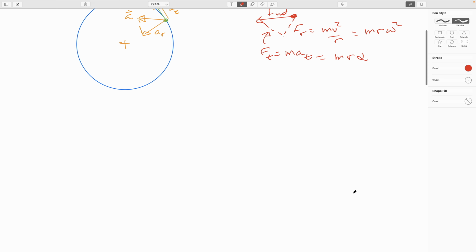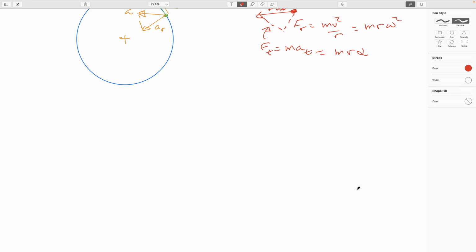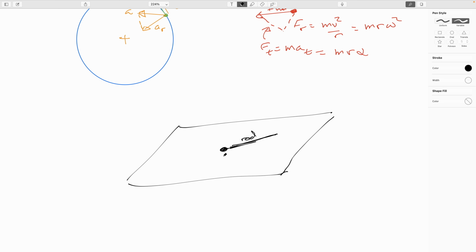So to make this concrete, let's think about a case where, in a horizontal plane, I've got a rod that is attached to a motor. So this is our motor shaft, and in the horizontal plane, perpendicular to the motor shaft, we have a rod. We're spinning around like so, and at the end of this, we have a mass.